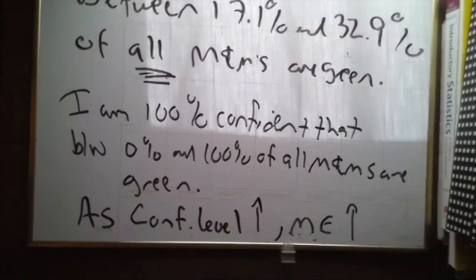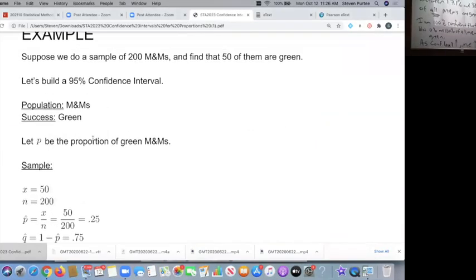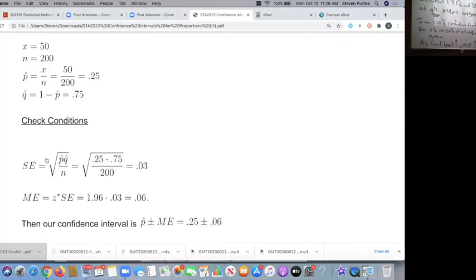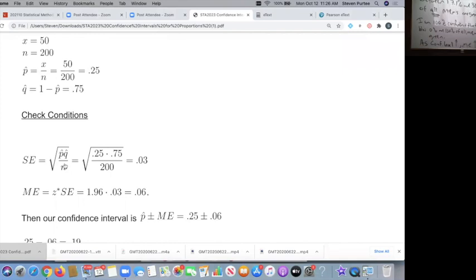It's a balancing act. What if we took a bigger sample? So if we look back at the math that's happening in the background here, if I have a bigger sample, if n gets bigger, then dividing by something bigger makes a fraction smaller. My standard error would get smaller, which would make the margin of error smaller.